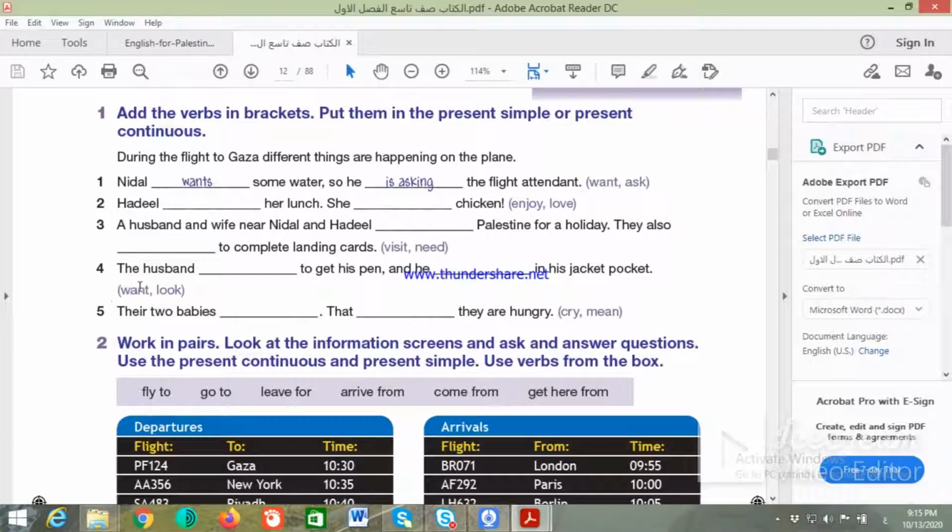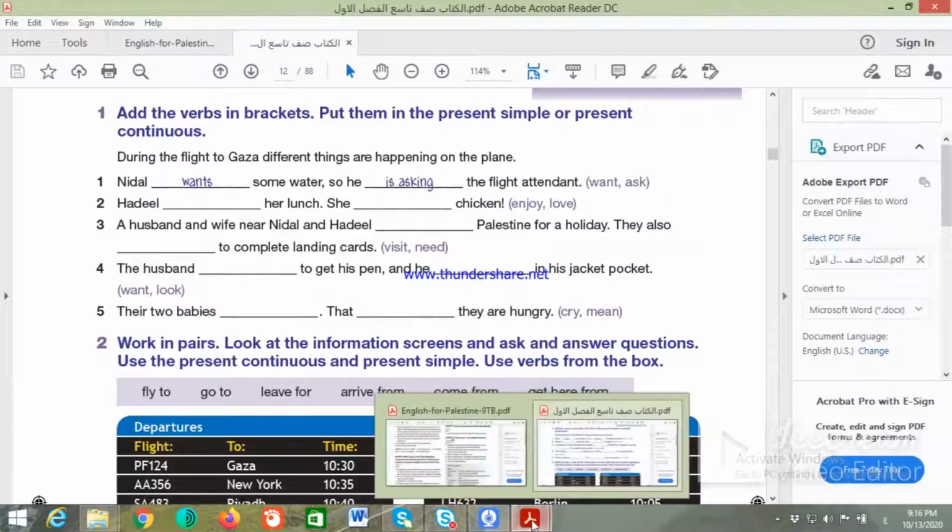Number 4, the husband space to get his pen and he space in his jacket pocket. 1, look. Number 5, their 2 babies space, that space they are hungry, cry, يبكي يعني cry and mean.